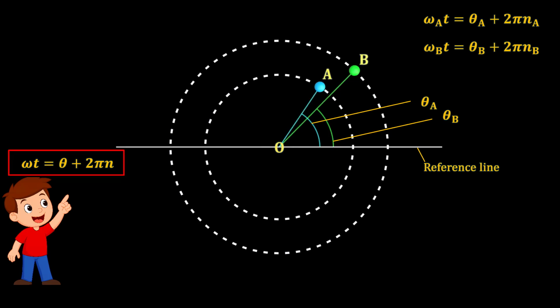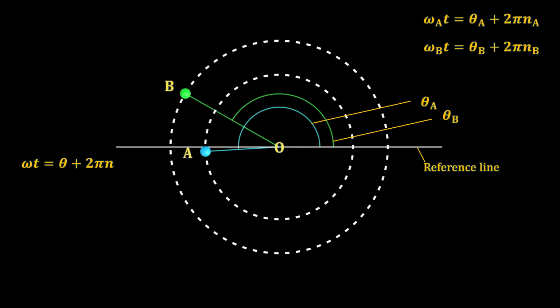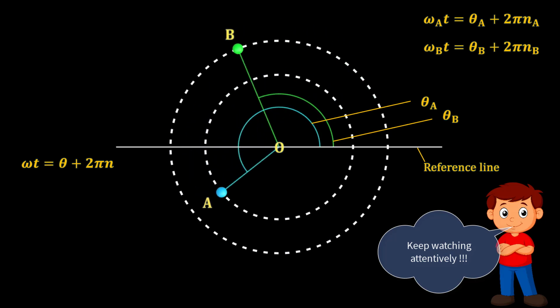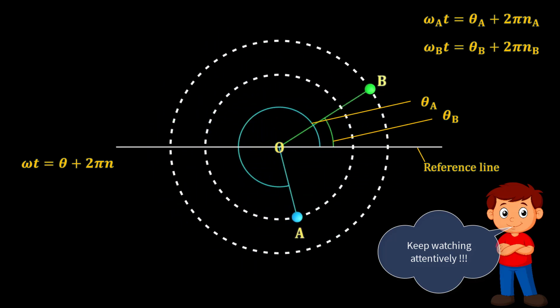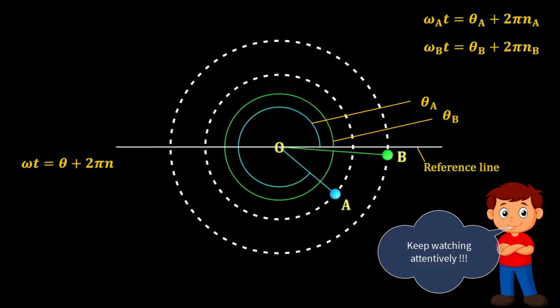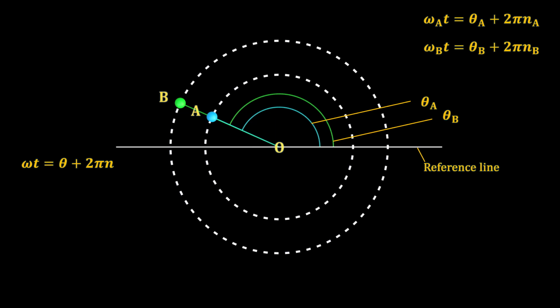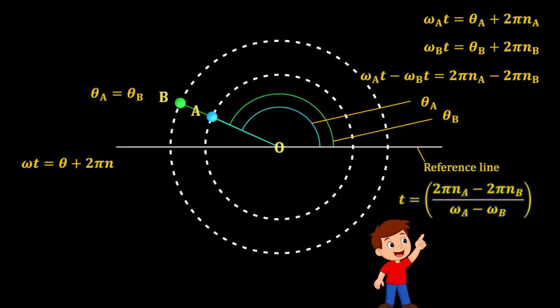Now let us see what happens when the two objects become side by side. When the two objects become side by side again, we have theta A equals theta B. Using the two equations, we can equate theta A and theta B and have omega A t minus omega B t equals 2 pi NA minus 2 pi NB, which can be rearranged to obtain t as t equals 2 pi NA minus 2 pi NB over omega A minus omega B. And there it is.